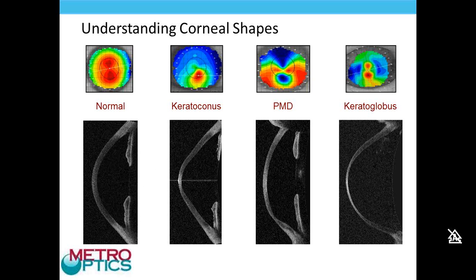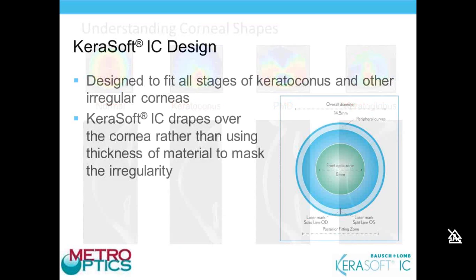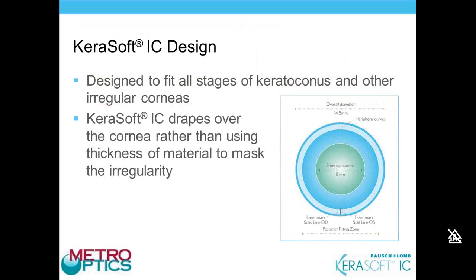And again, these base curves are very similar to what you fit with a soft sphere if you have a standard myope coming into your office. So let's start talking about the KeraSoft IC lens design. It's designed to fit all stages of keratoconus and other irregular corneas. I want to mention the IC of the KeraSoft IC design means irregular cornea.